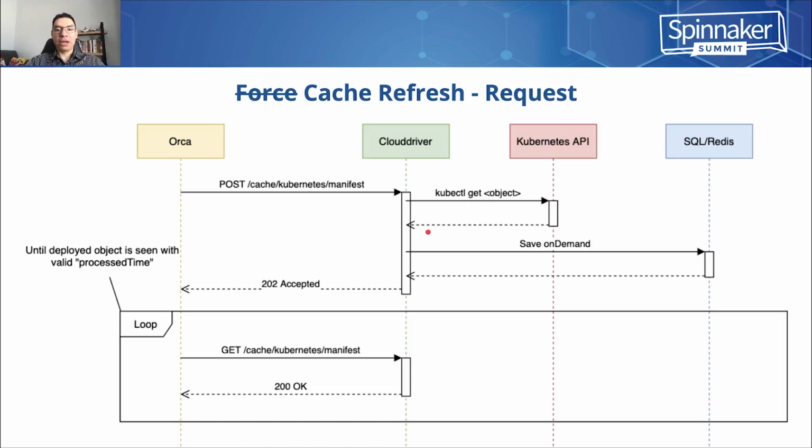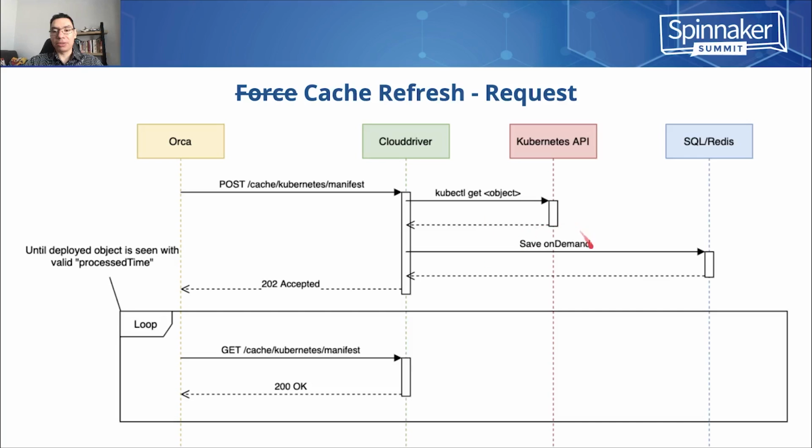Then it will save this response to persistent storage in a special region called on demand. The persistent storage could be either SQL or Redis. It's important to note that the result of this call is not merged to the cache immediately.